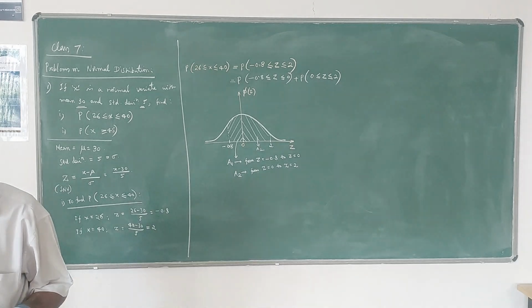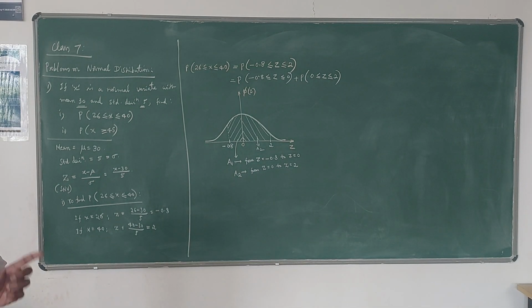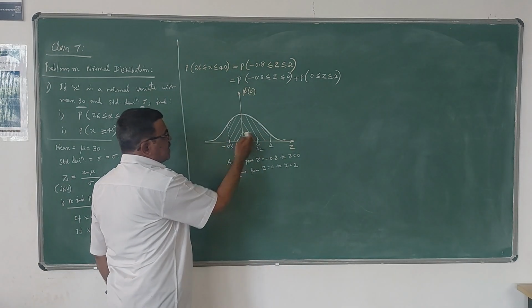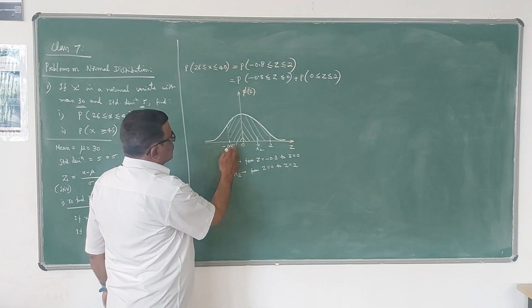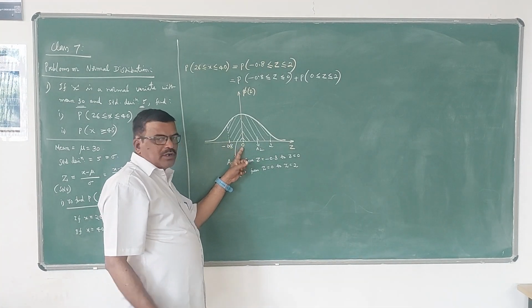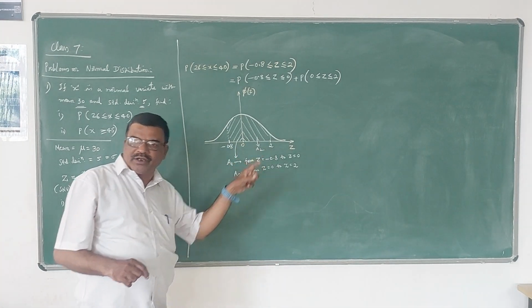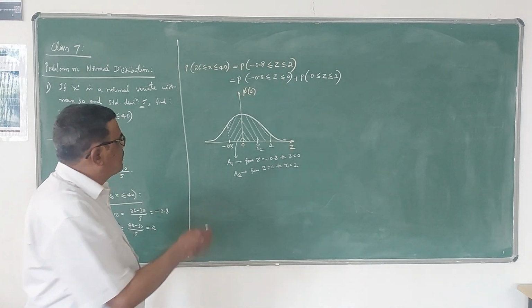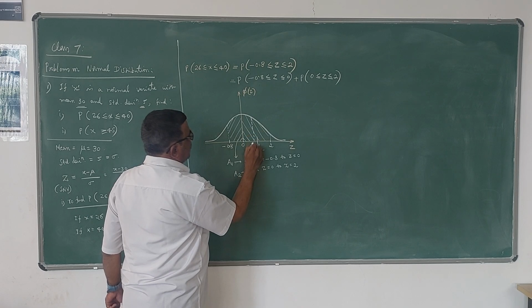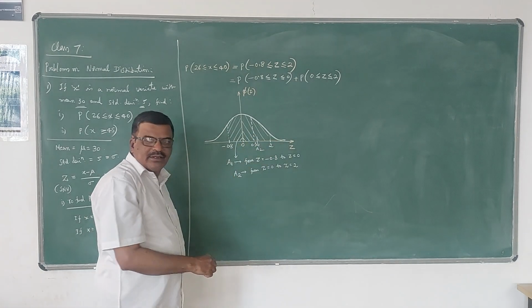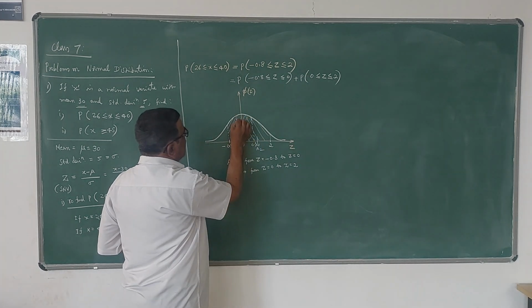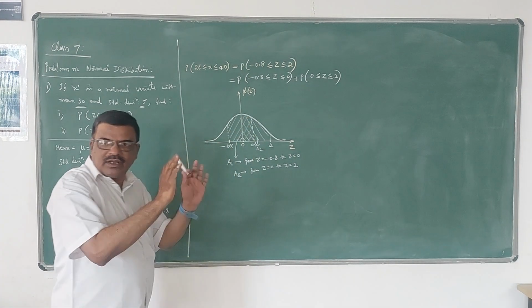Since this curve is symmetrical, minus 0.8 to 0 is the same as 0 to plus 0.8. The areas on both sides are the same because of symmetry.